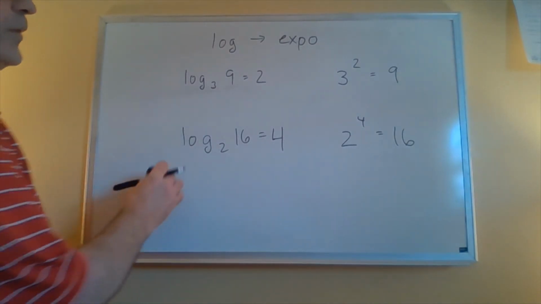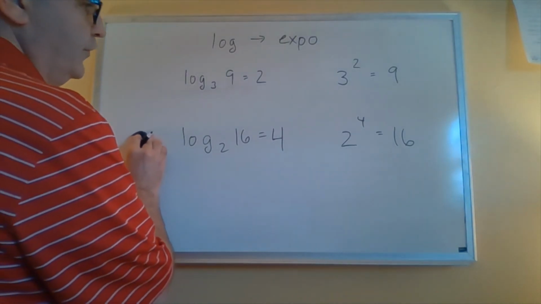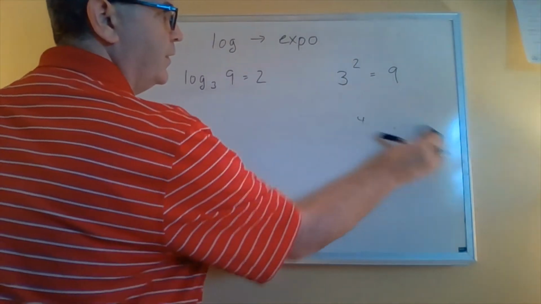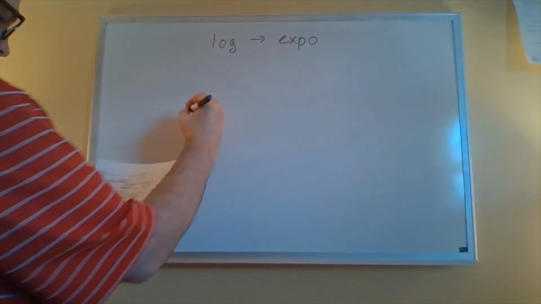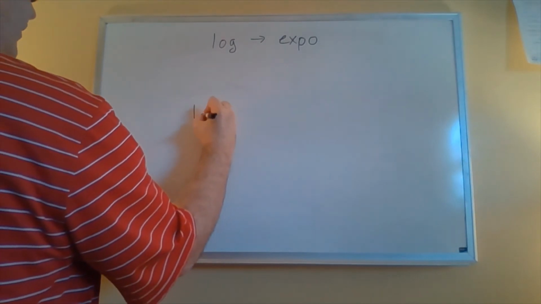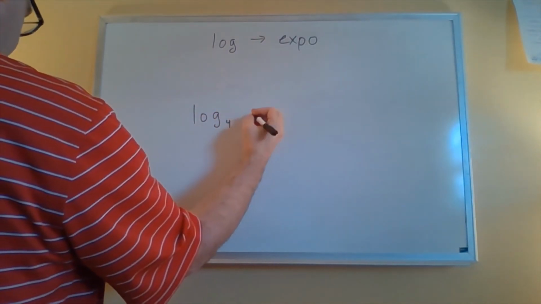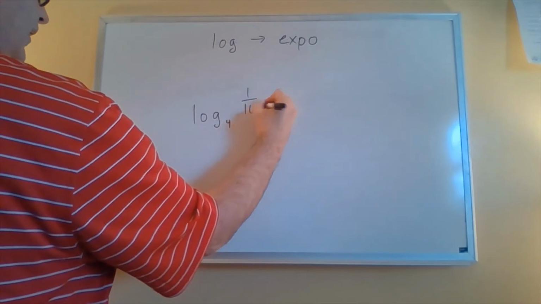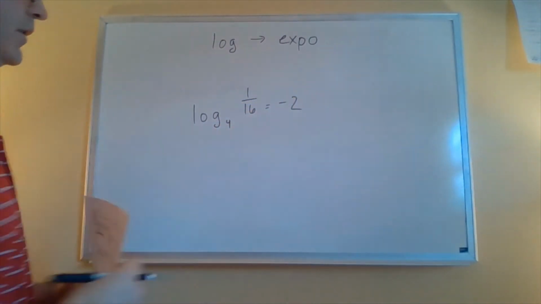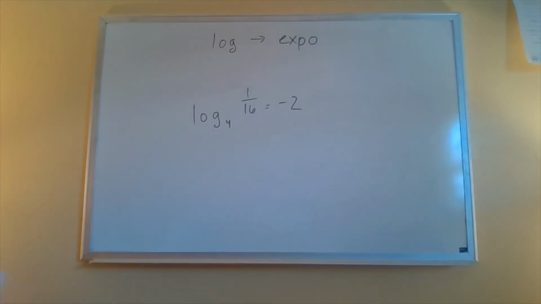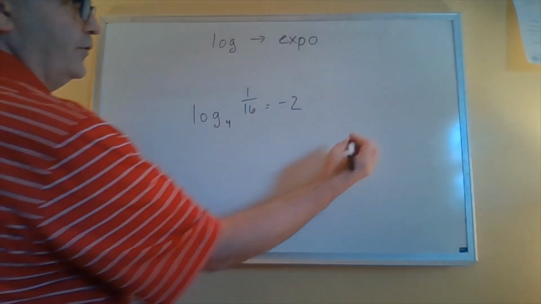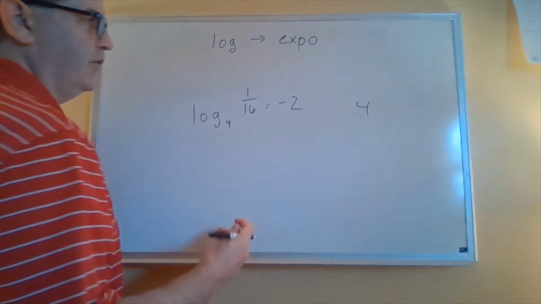Now it's not always going to be this straightforward, so let's try a little more difficult one. We have log base 4 of 1/16 equals -2. It's not that it's more difficult, it just kind of looks that way. We know our base is 4. What's our exponent?